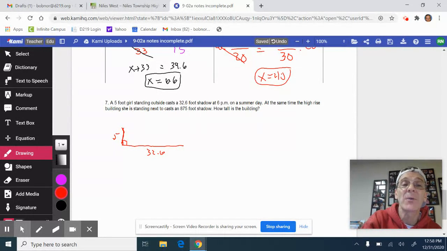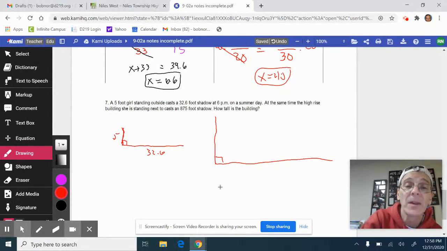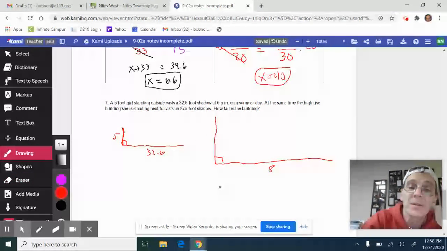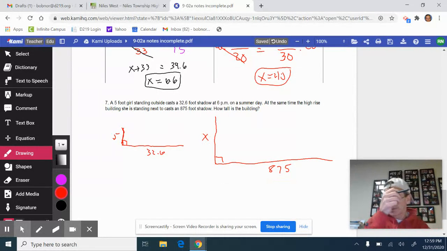At the same time, a high-rise building she's standing next to, a very tall building, casts an 875-foot shadow. And we're going to assume that building is standing straight up, that it is not the Leaning Tower of Pisa or any other such thing. Whoops, I put the 875 in the wrong spot. 875-foot shadow. We're asking how tall the building is.